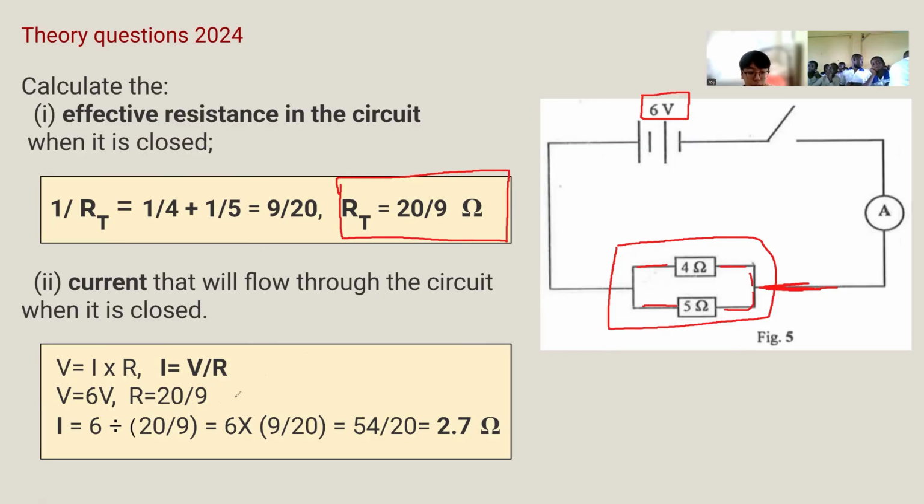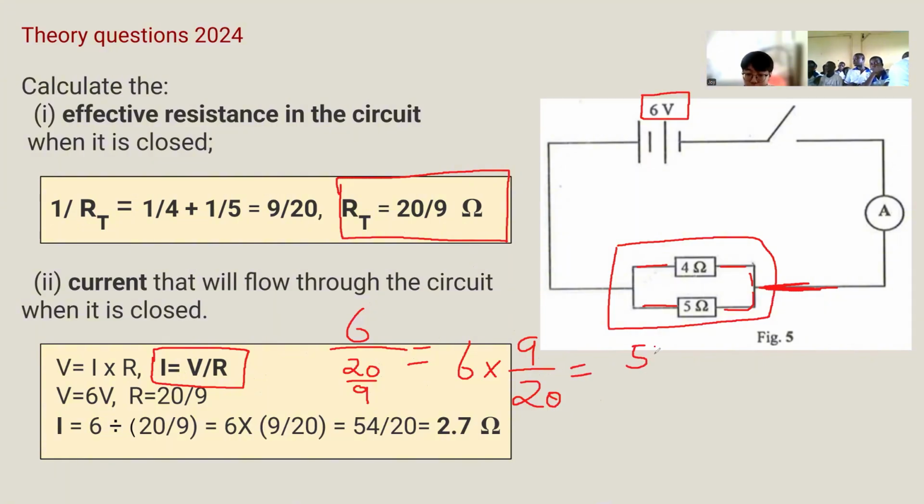So you know that current is V over R. So V is 6. 6 divided by what is R? It's 20 over 9. So how do you solve this? Well, this is the same as 6 times 9 over 20, flipping by multiplying, and then you see, 54 over 20.